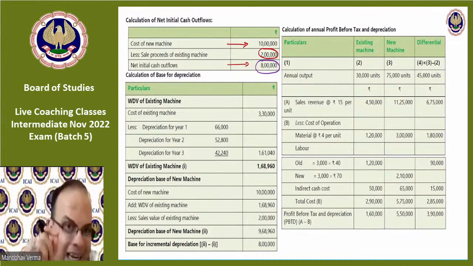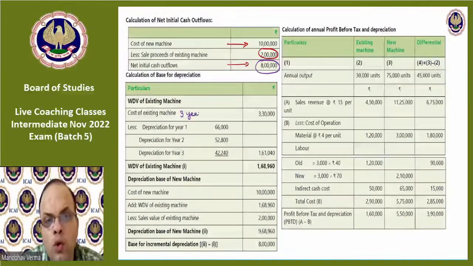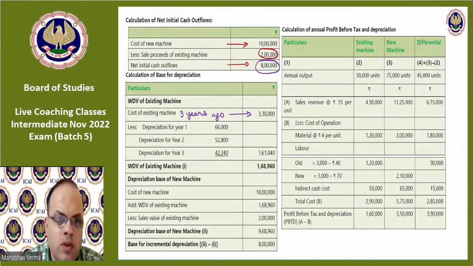Okay, so guys, 8 lakh is my initial outflow. Now, I want everyone to be careful here. I want everyone to be clear that my existing machine, when I acquired it 3 years ago, was 3,30,000 and the company had followed depreciation of 20% WDV.